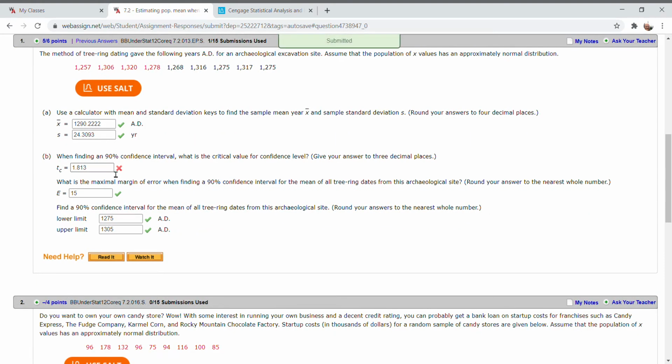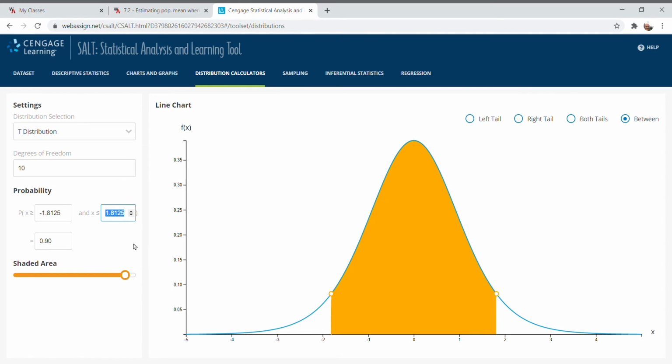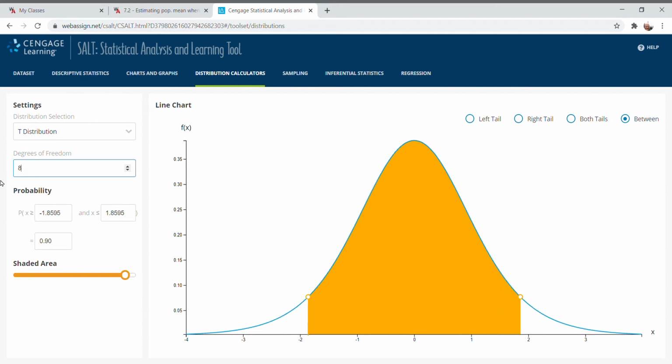So let's see, 90% confidence interval. I wonder where I got that wrong, because it's weird because everything else is right. To 3 decimal places. Let's see, the T cutoff. That is so weird. Oh, I know what I did. I didn't put an 8 there.